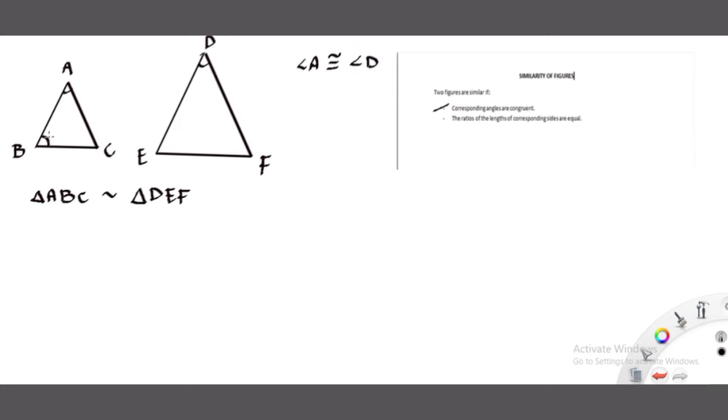And then angle B corresponds to angle E. So therefore, we can say that angle B is congruent to angle E. And the third angle, angle C, since it corresponds to angle F, therefore, we can say that angle C is congruent to angle F. So, ito po ang ibig sabihin ng first property ng two similar figures. Their corresponding angles are congruent.